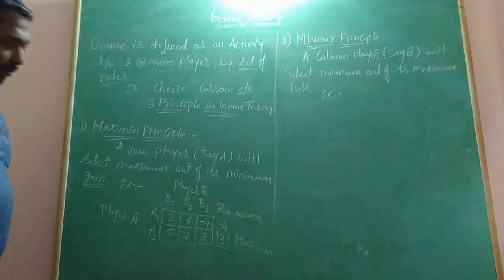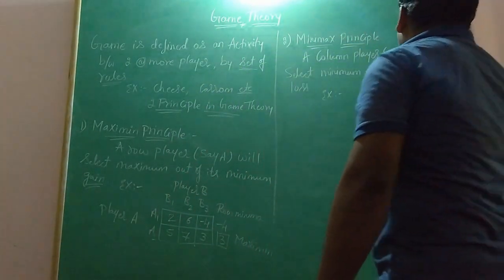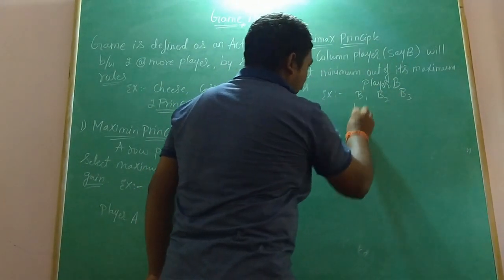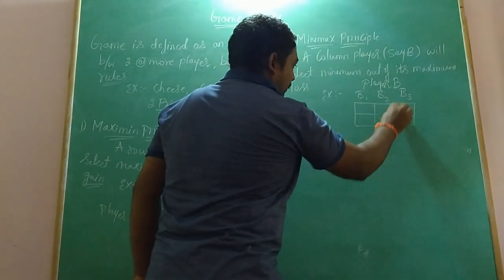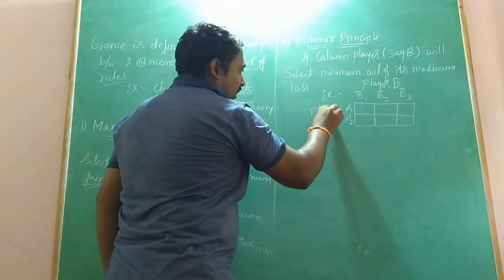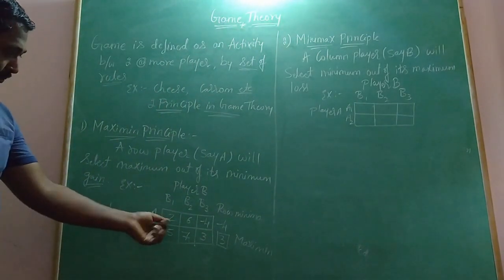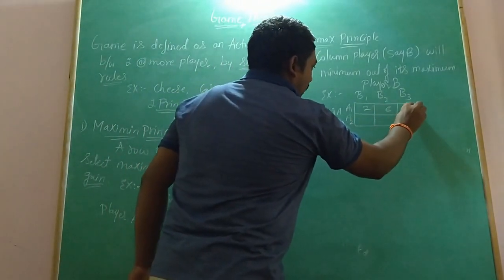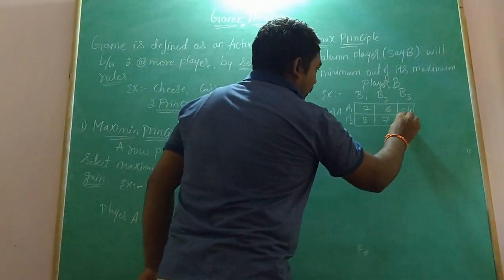Suppose we consider the same example, where player B has 3 strategies B1, B2, B3, and player A has 2 strategies, say A1, A2. The elements inside the payoff matrix are 2, 6, minus 4, and 5, 7, 3.